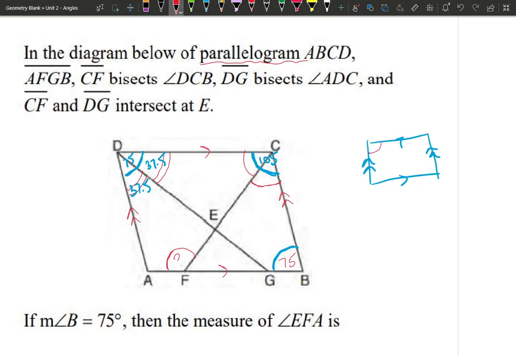So if I'm talking about this angle, a consecutive angle to that angle would be the one over here or the one over here, right? So either one is a consecutive angle. They always add up to 180. That's definitely a property that you should know.